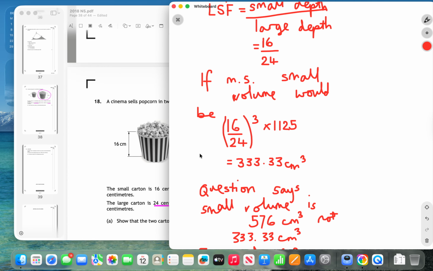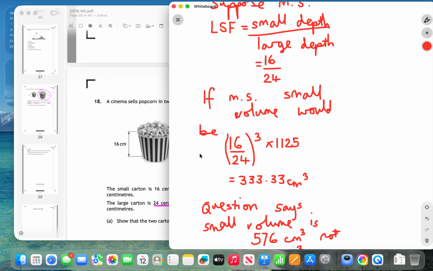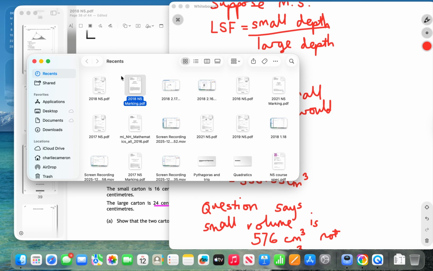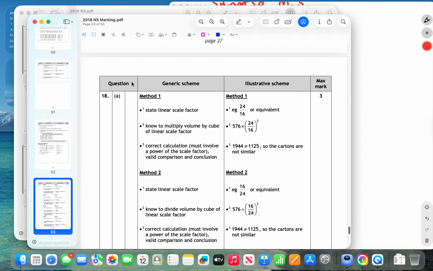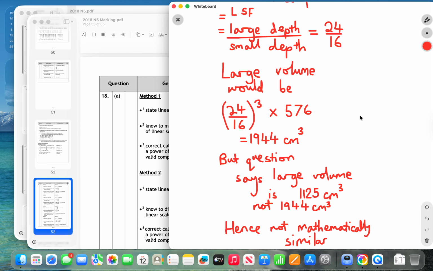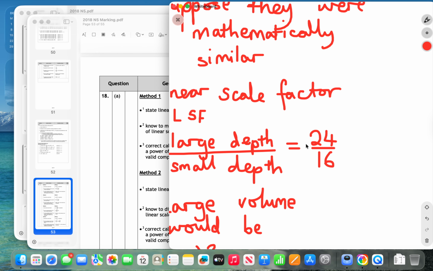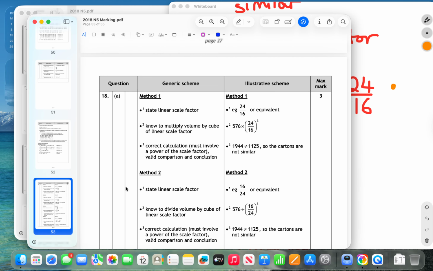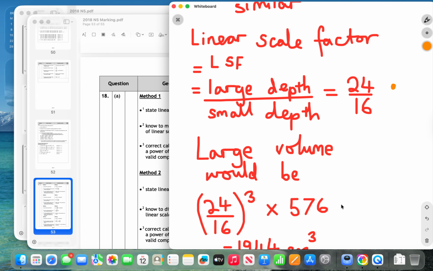Now let's have a look at how the SQA would mark both of those methods. In the first one, you would get the first mark for the linear scale factor. You would then get the second mark for knowing how to find the large volume if the small carton is fixed.